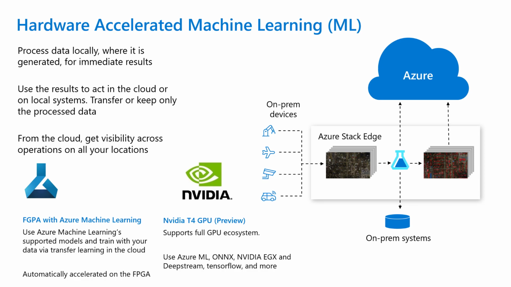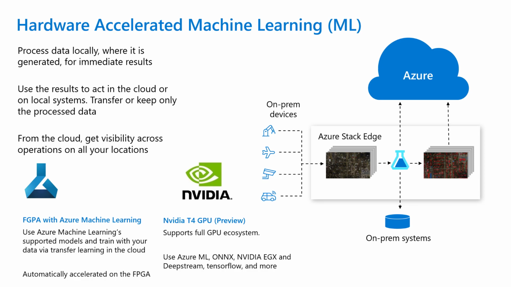So basically you can transfer or keep the processed data. A good example would be if you deploy a trained machine learning model on Azure Stack Edge. Now it can process the known data and send the anomalies back to Azure. So if it's an inferencing application, all the local inferencing results or the known results are processed immediately.